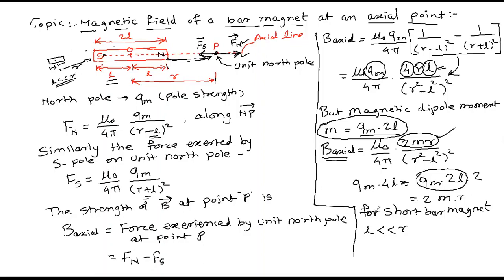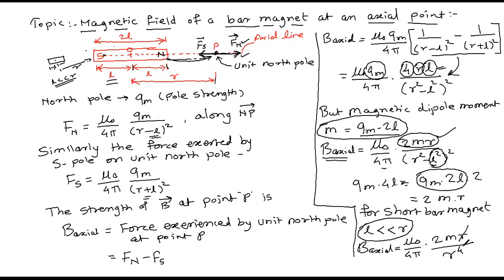That condition I am now going to put here so that I can neglect this l. So B axial is equal to μ0 upon 4π into 2Mr upon r⁴, because I am neglecting l², since l is very much less than r.